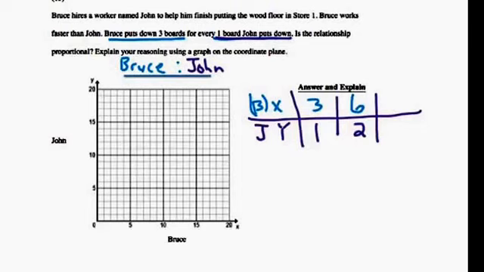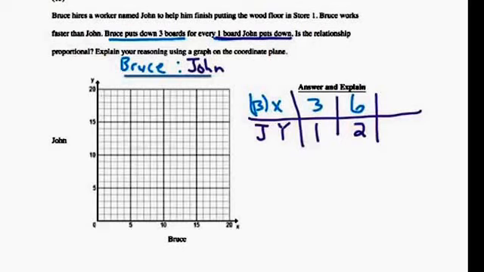So now we have some data that we can graph on the coordinate plane and test it to look for a proportional relationship. So here is the data: Bruce 3, John 1. Bruce 6, John 2. Bruce 9, John 3.